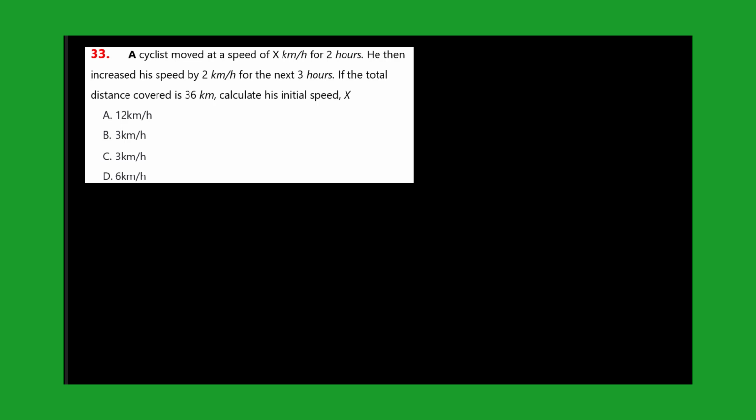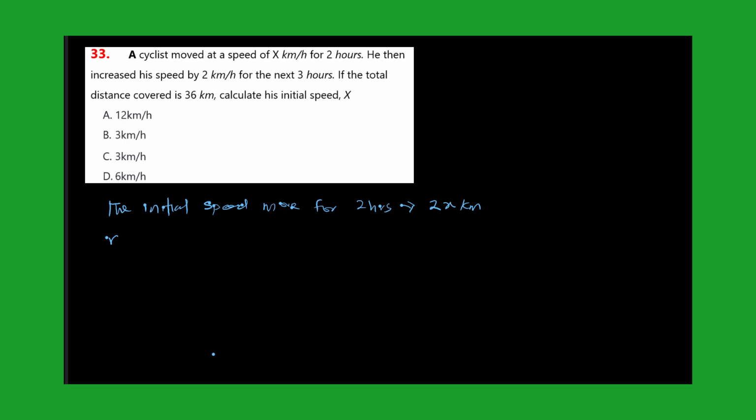Okay, we are given that the initial speed s moves for 2 hours. That is 2s kilometers. That's the initial speed. Then it increases speed by 2 km/h for the next 3 hours.